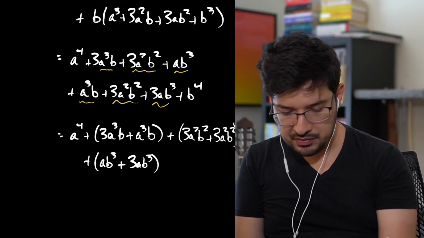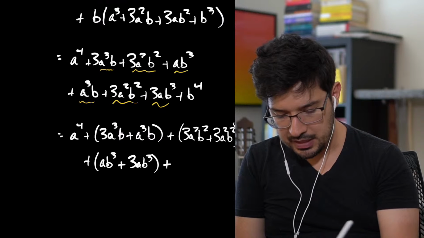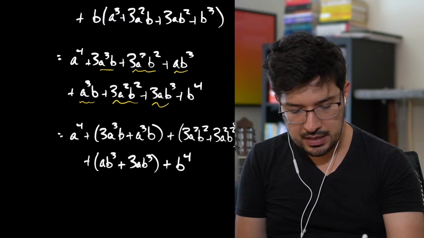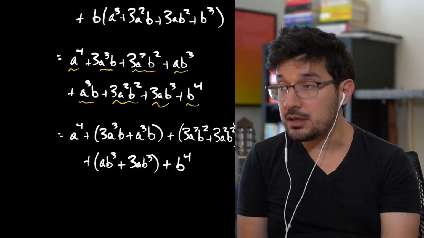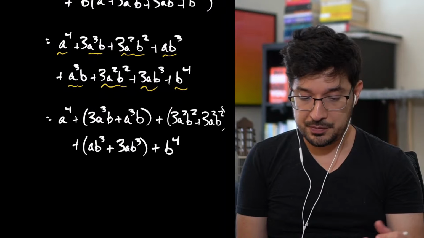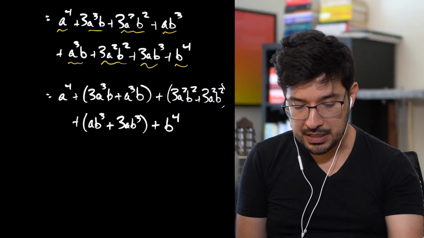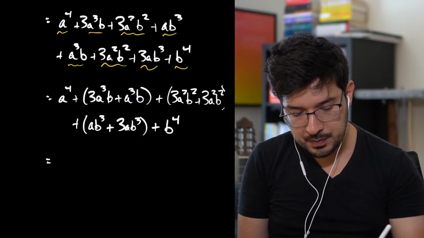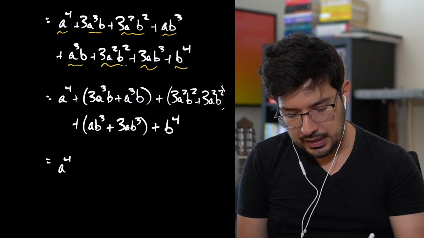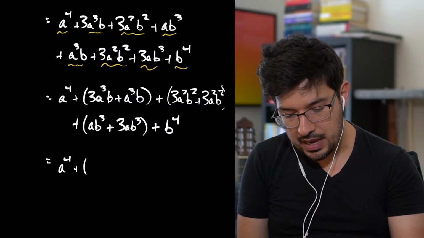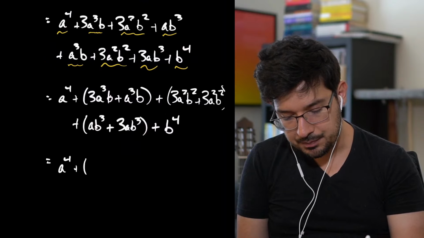And lastly, the last term that I haven't written is b to the fourth. Now we've used every term from the previous sum and combined them all into this equation. Now we can factor out a cubed b.